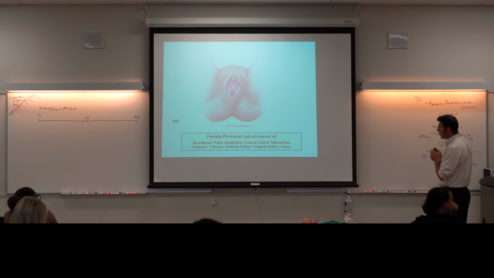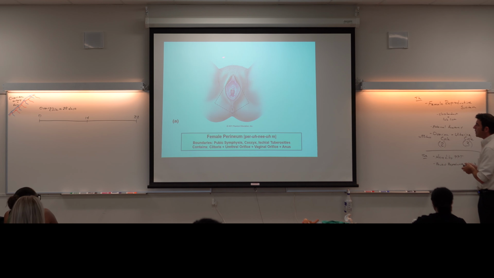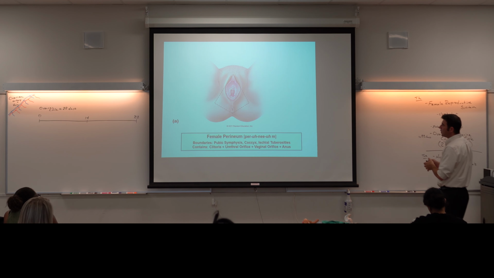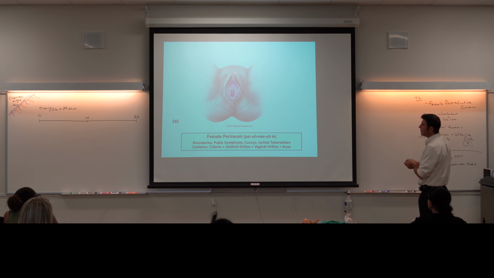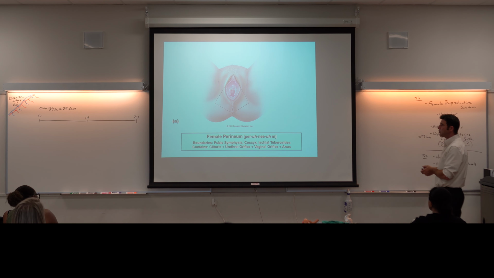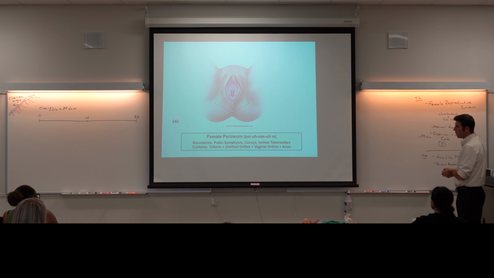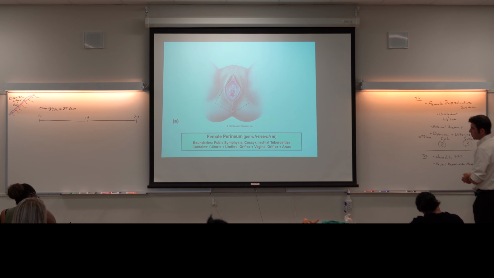What else? Again, external anatomy, this diamond-shaped structure that goes, I know we can't see the bones here, but if you can imagine the pubic symphysis, and then the edges of the ischial tuberosities that come together to the coccyx or the tailbone, this diamond-shaped structure is called the perineum. I believe it's one of the things on the lecture list.